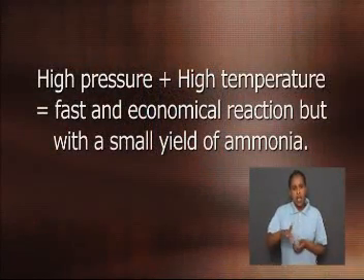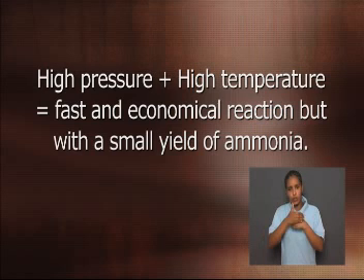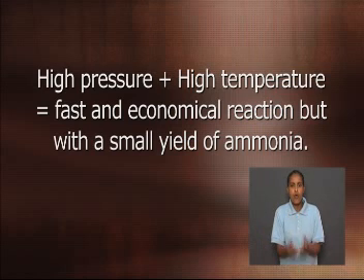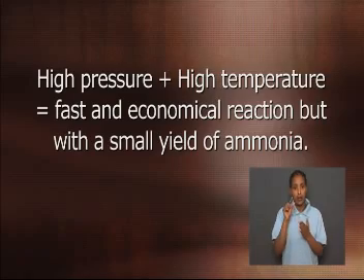This is why iron is used to catalyze the reaction. A high temperature will push the chemical system to equilibrium much faster and more economically. However, less ammonia will be produced.